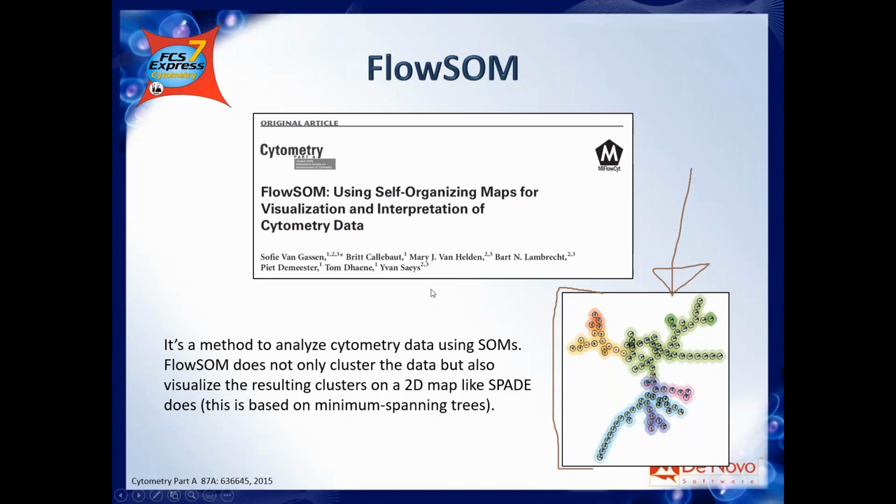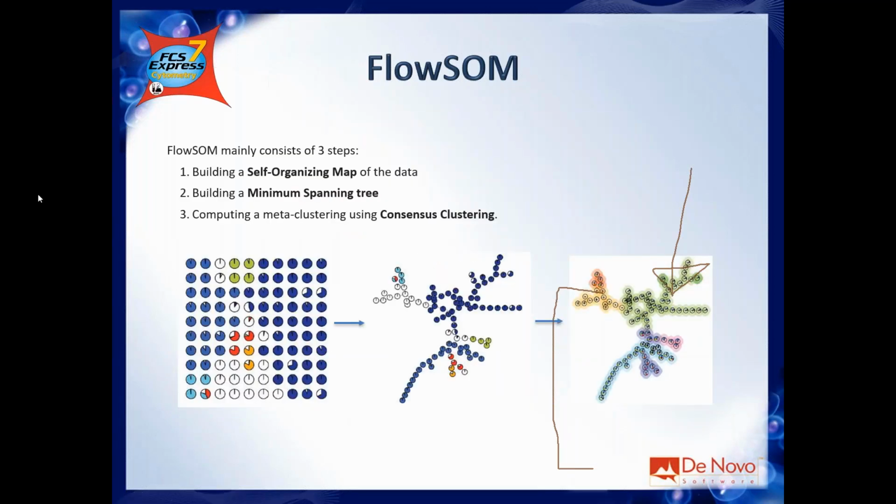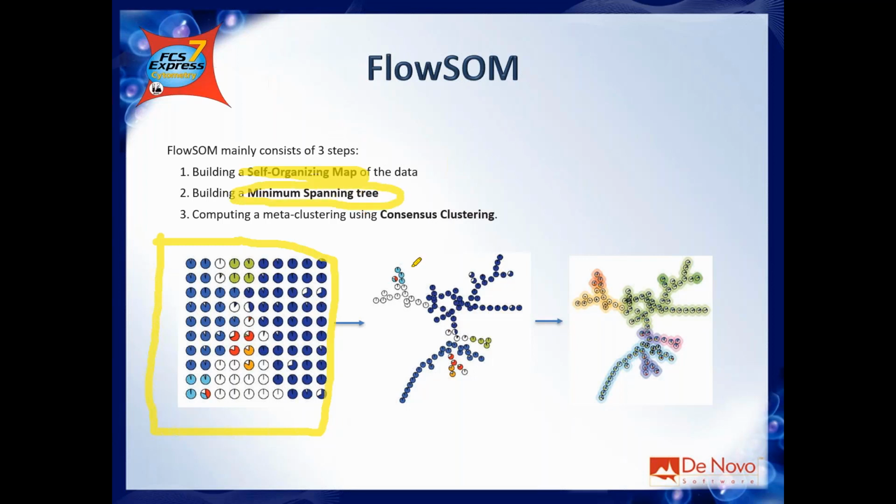Now, FlowSOM formally performs three main types of calculation. The first one is running the clustering with self-organizing map, which is exactly what we saw before, okay? Then it builds a minimum spanning tree, and we will see what that means. But basically the result of the minimum spanning tree is this sort of representation in which each node of the FlowSOM grid, of the SOM grid, is connected to the closest neighbor.